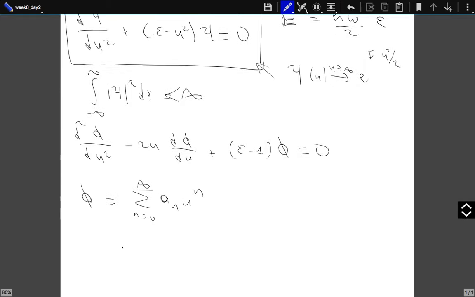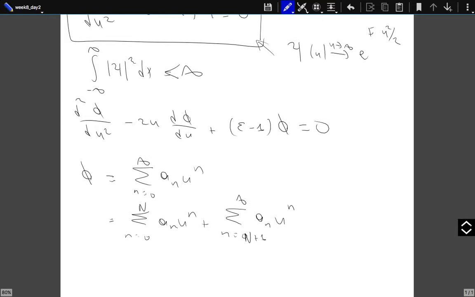Now let me do a trick. This is equal to the sum over n from 0 to some large number N, plus the sum over n from N plus 1 to infinity of a n u to the power n. Now this large number N can be, let's say, 1 million. I don't really care. This capital N can be as large as you want. But here, this is a polynomial.